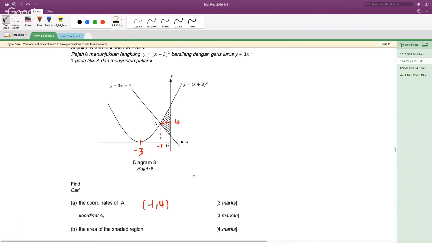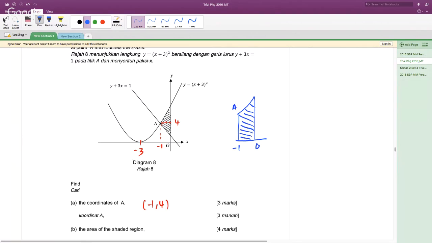So we want to find the area of the shaded region. What I would do is integrate the curve from -1 to 0. If I integrate the curve from -1 to 0, I will get the area like this. This is -1, which is the A here. So basically I will get the whole area.